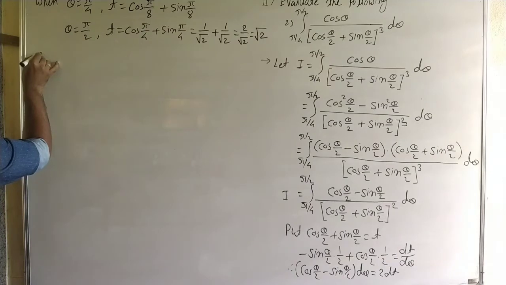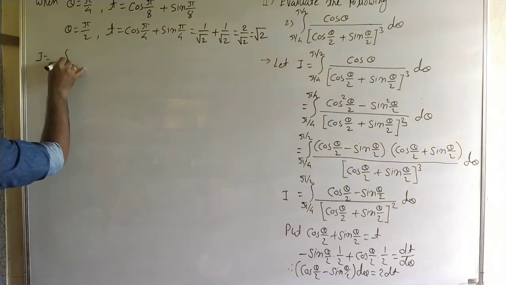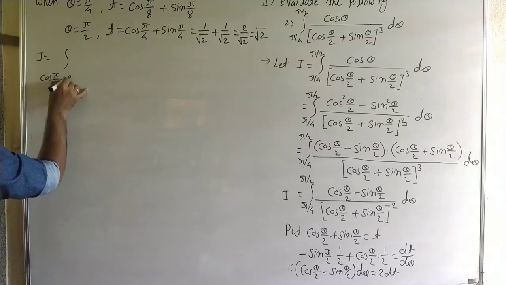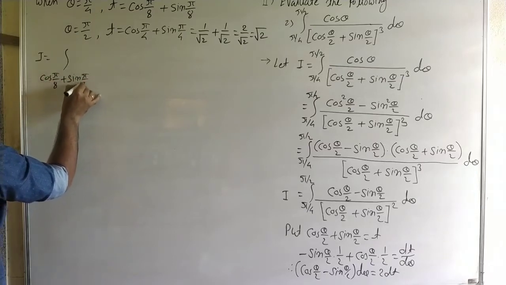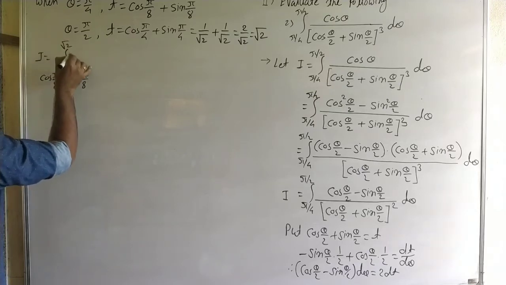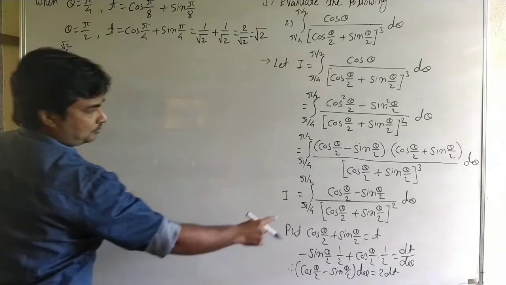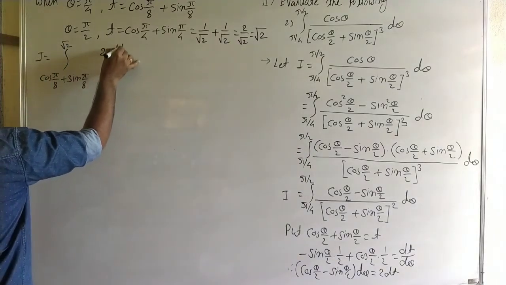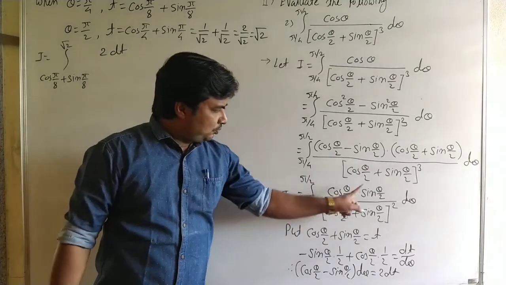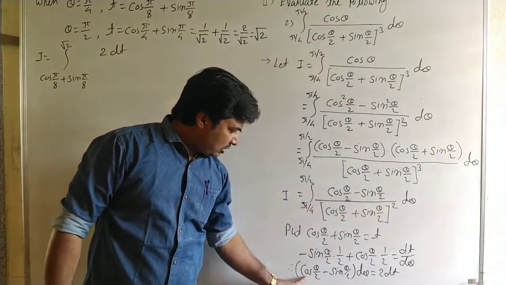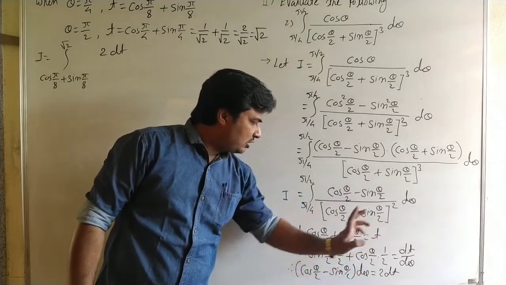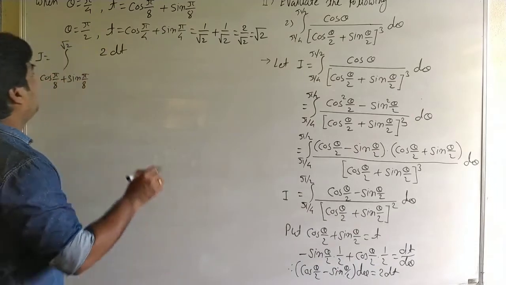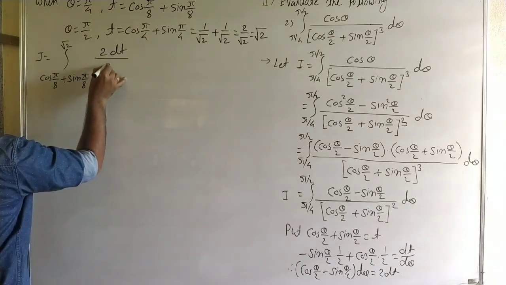Then our integral, cos pi by 8 plus sin pi by 8 is the lower limit, to root 2 of 2 dt. Okay, cos theta by 2 minus sin theta by 2 d theta is 2 dt, and cos theta by 2 plus sin theta by 2 is t, therefore upon t square.